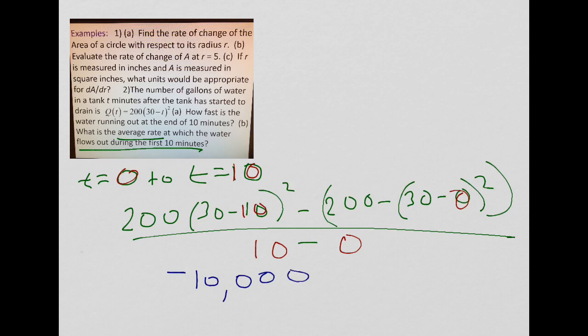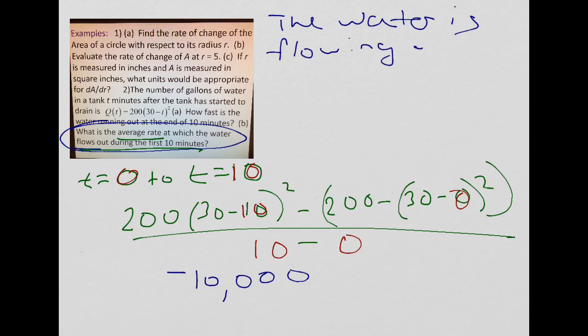So what this means to answer the question, okay, is that the water is flowing out. Okay, and again, out is because of the negative sign we have here. Otherwise, use the word in.